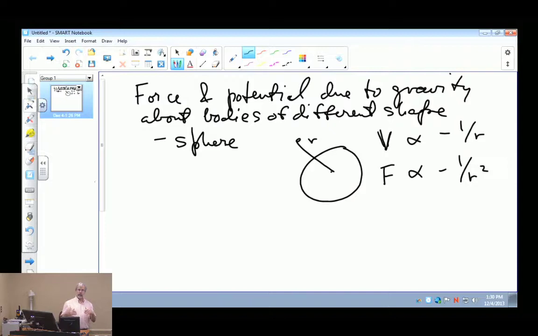Now, how can we understand that it goes like 1 over r squared? He explains this in the book in Chapter 8. Would somebody like to try their explanation of why the force goes like 1 over r squared? What's his explanation? Remember, he introduces the plana as the mediator, the medium through which gravity takes place.